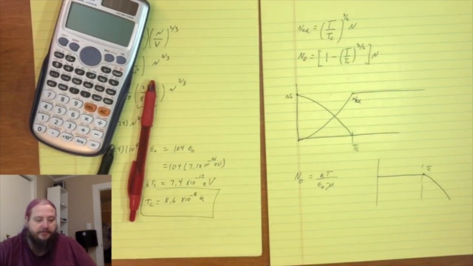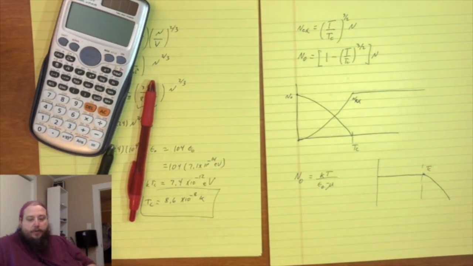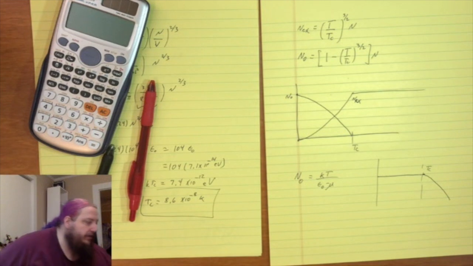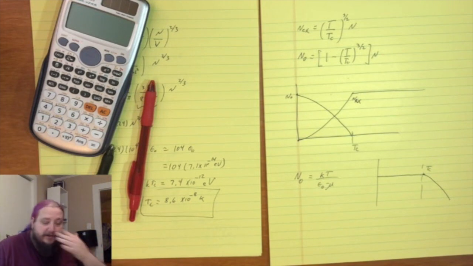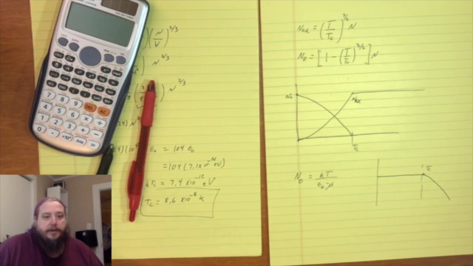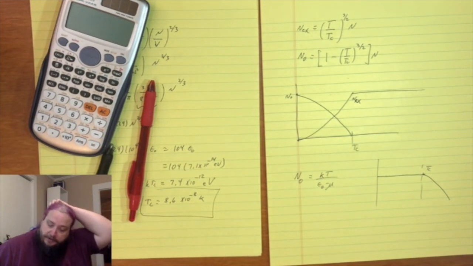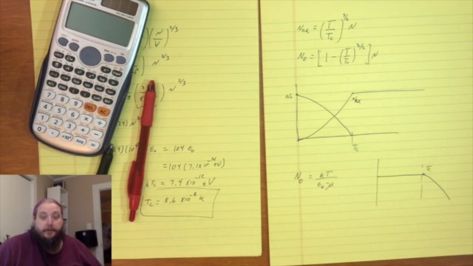The last little piece of this chapter, the author goes into the question of what exactly is happening. Why is it that this condensation happens? It turns out that the answer is primarily because of the quantum nature of indistinguishable particles. If we imagine that the particles were distinguishable, then we could treat each particle as an independent system and use Boltzmann statistics on that independent system.